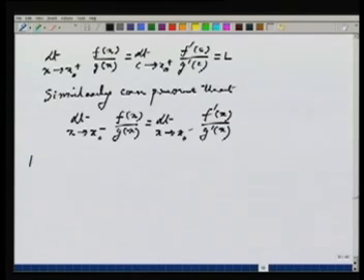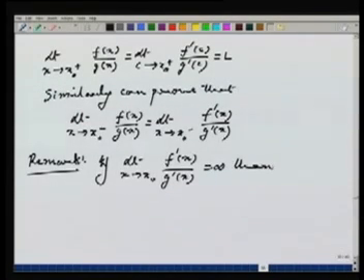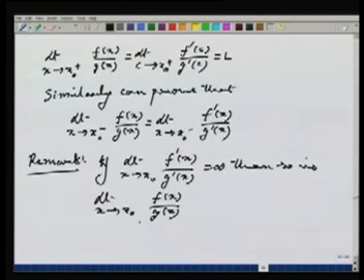I will just make one remark here which becomes useful, that if limit x going to x naught f prime x by g prime x is infinity, then so is limit x going to x naught f(x) by g(x), because our proof does not actually depend on the value of L, which is the limit.